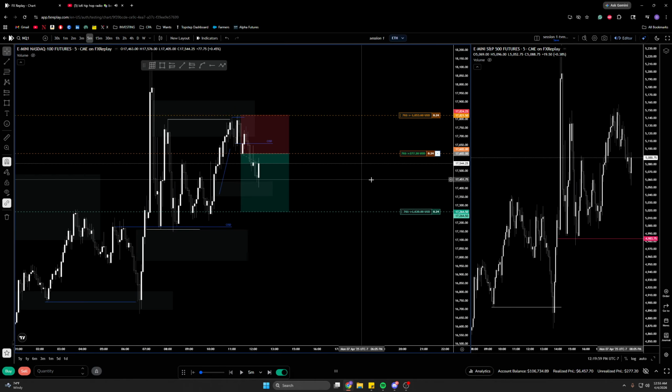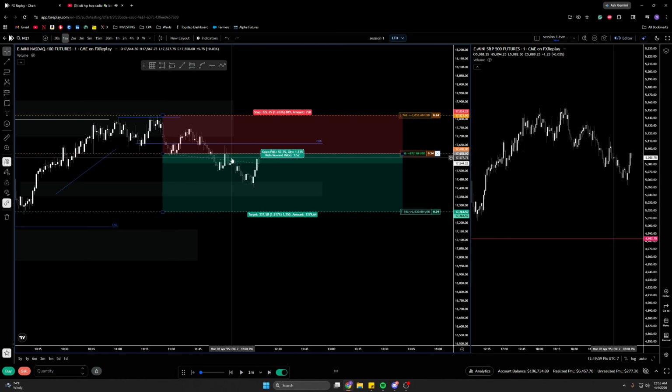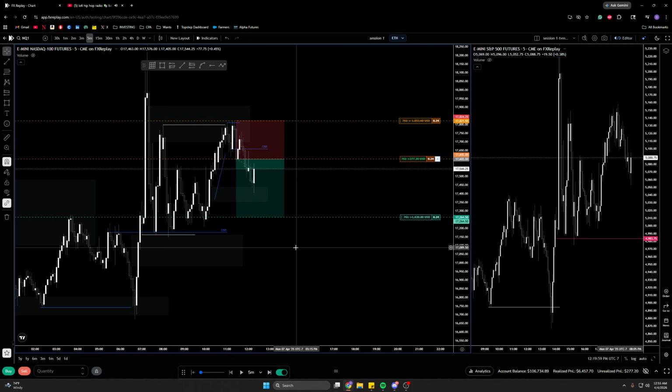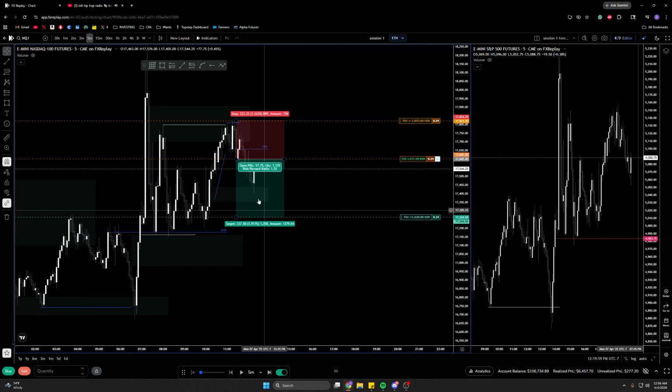This 5-minute also is getting inverse here though. Let me see what the 1 minute's looking like. Damn. I actually don't know if I should hold this trade.